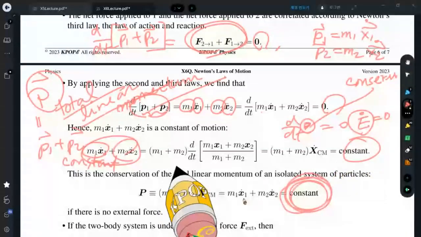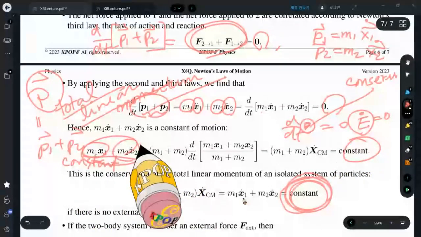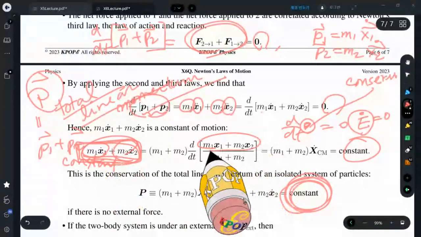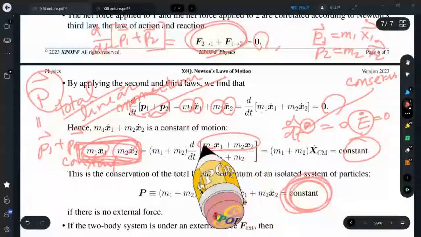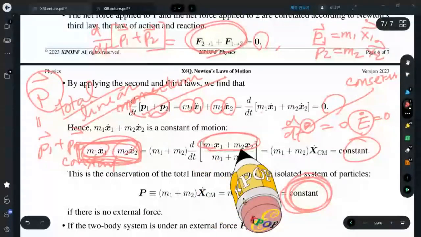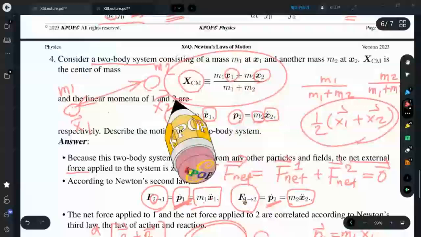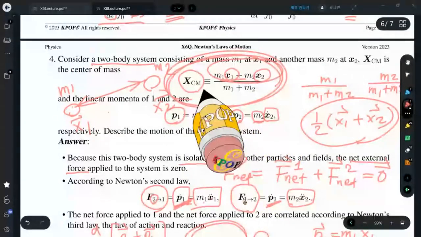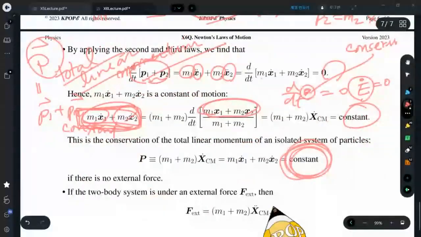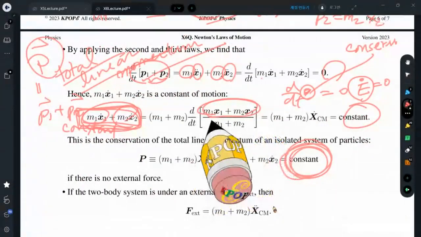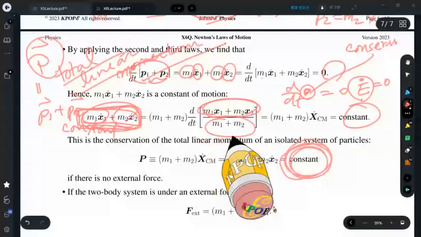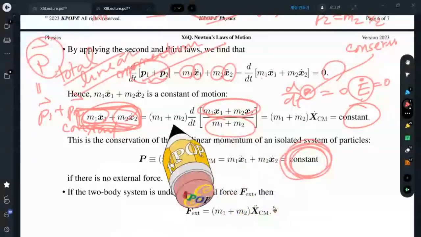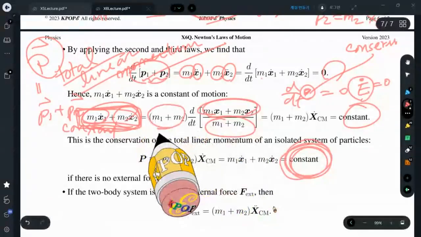By the way, this is nothing but the derivative of this. But this one, we are familiar with by definition. The numerator of the center of mass is this. So why don't we divide this one by the total mass and cancel the division by multiplying outside.